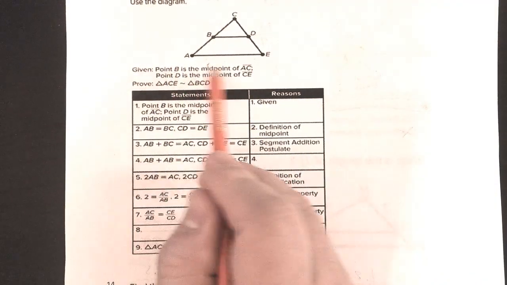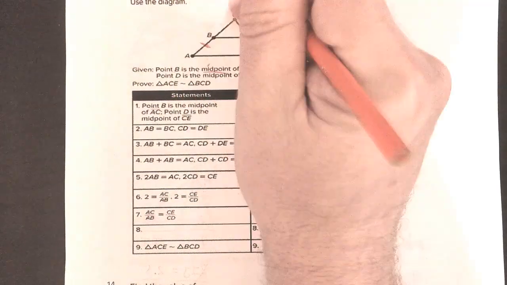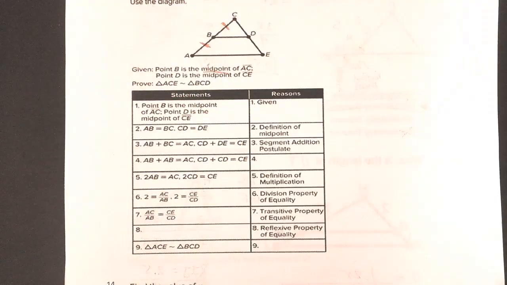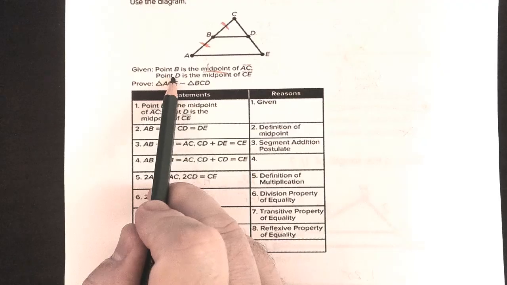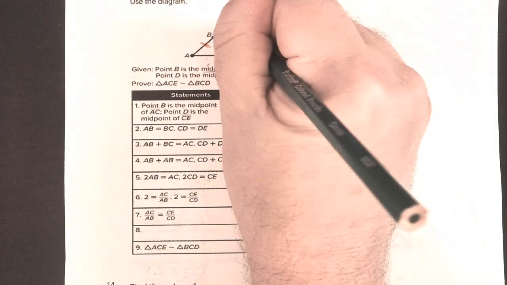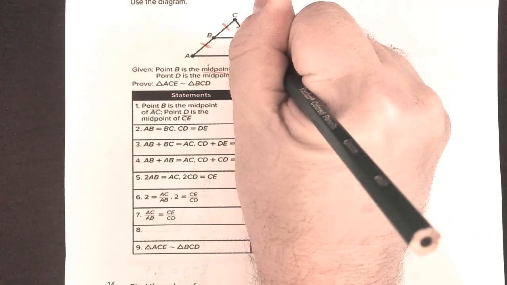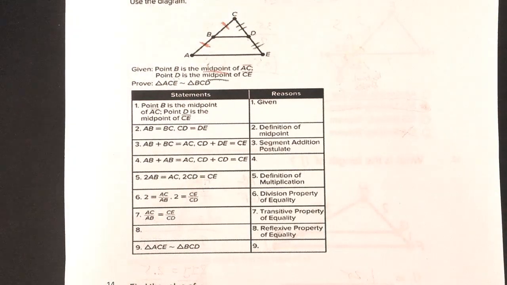If B is the midpoint of AC, that means AB and BC are congruent because it's cutting into two equal pieces. Likewise for our second statement, D is the midpoint of CE. So that means CD and DE are congruent because, again, it's the midpoint. Sorry about having to clear my throat.